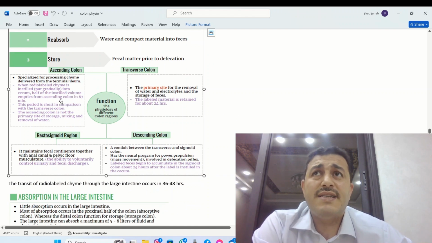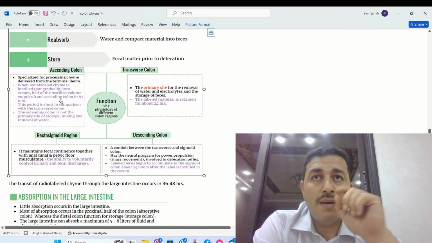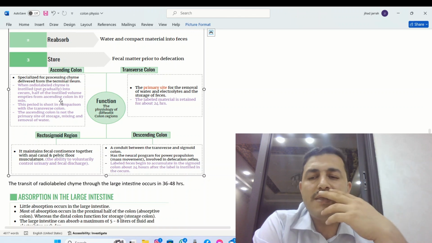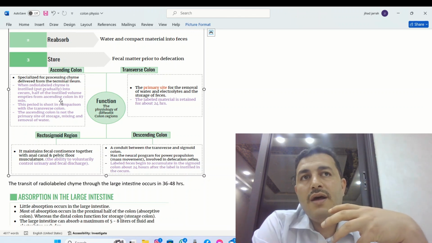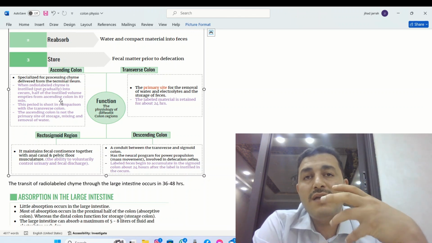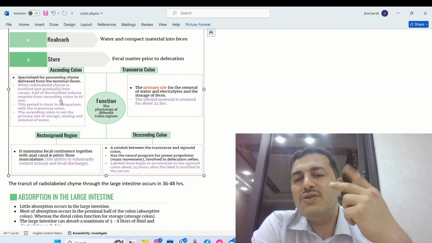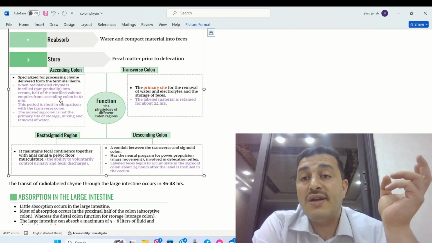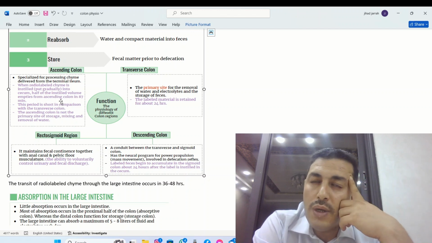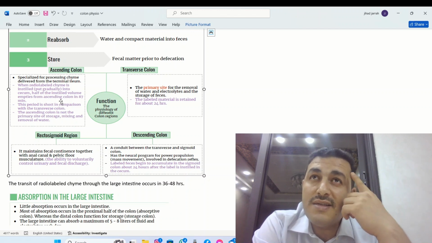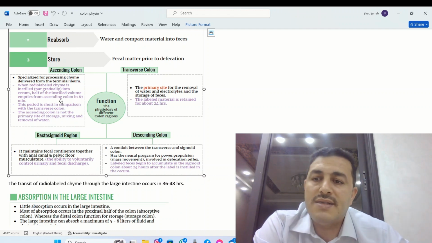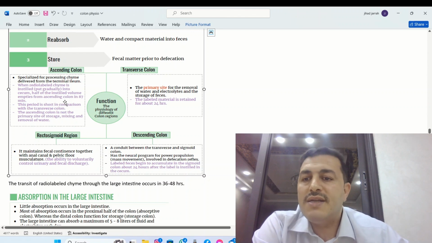For example, the ascending colon: when the chyme, the enteric content, enters the ascending colon, it needs only 2 hours to reach the transverse. This also gives you a hint that the ascending colon is not the primary site for absorption, storage, or mixing.